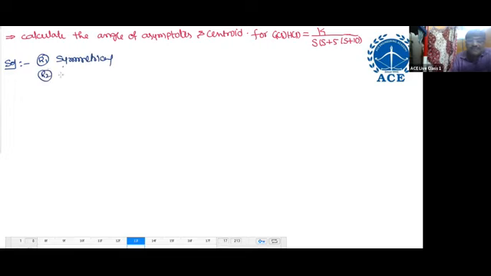Rule 2, number of root locus branches. How many branches? Poles are greater than zeros, so the number of branches equals the number of poles. That equals 3.